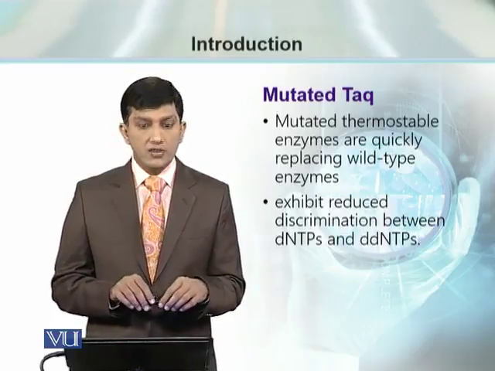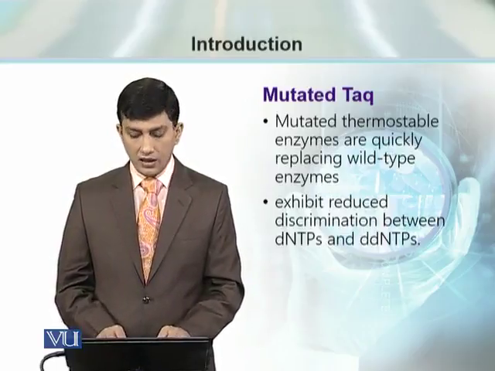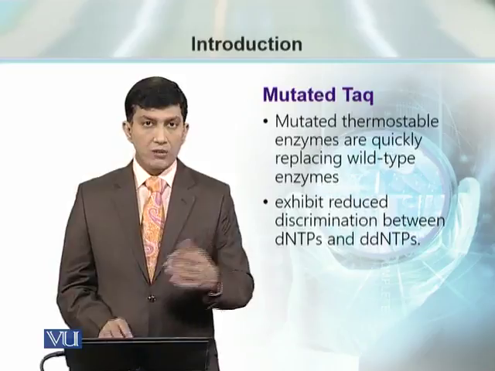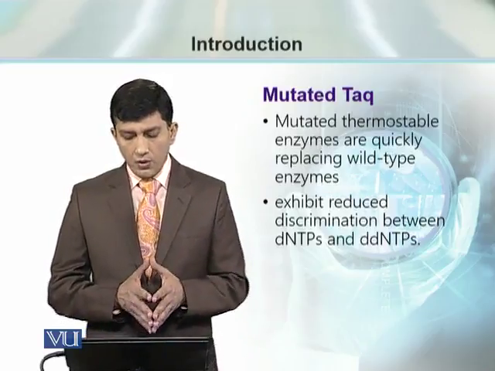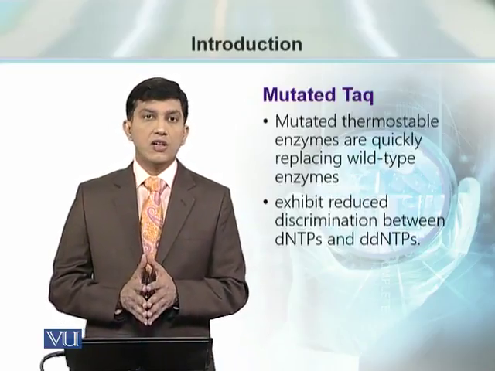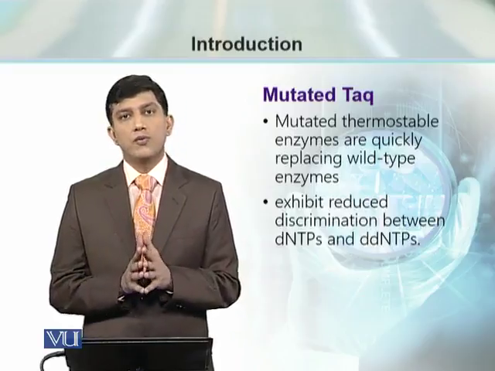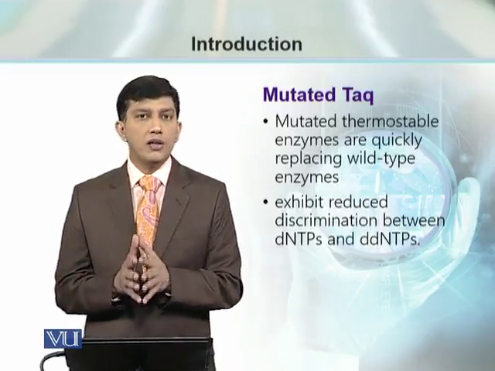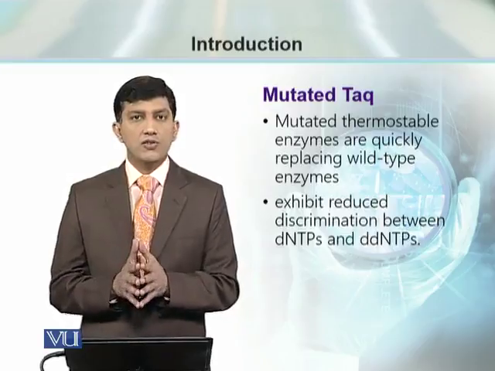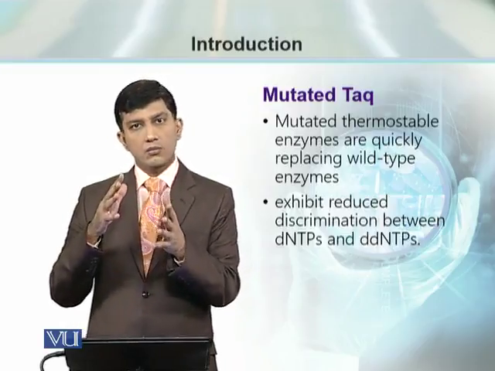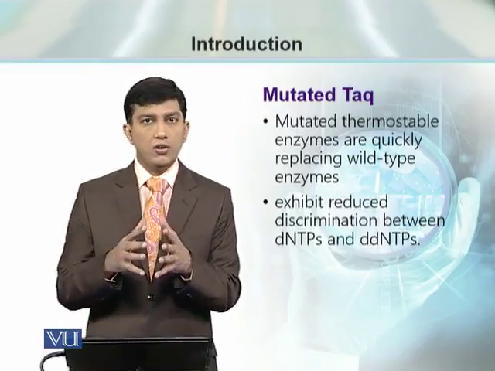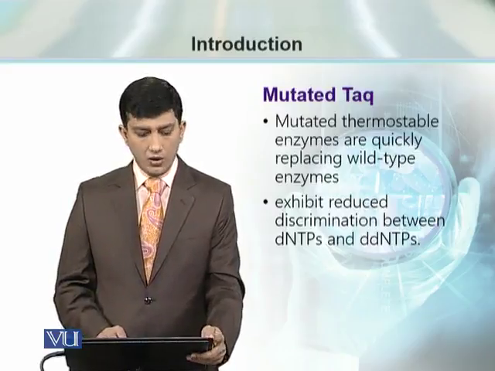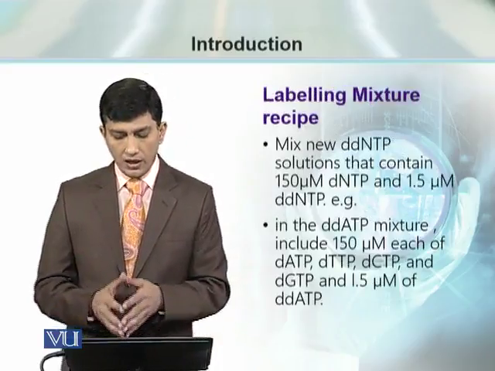Now, mutated Taqs are also made available in the market for use in place of the wild type enzyme, which exhibit reduced discrimination between these 2 types of nucleotides, that is dideoxy and normal deoxy. So these mutated enzymes don't consider them dideoxy or deoxy, they incorporate them almost at the same rate.